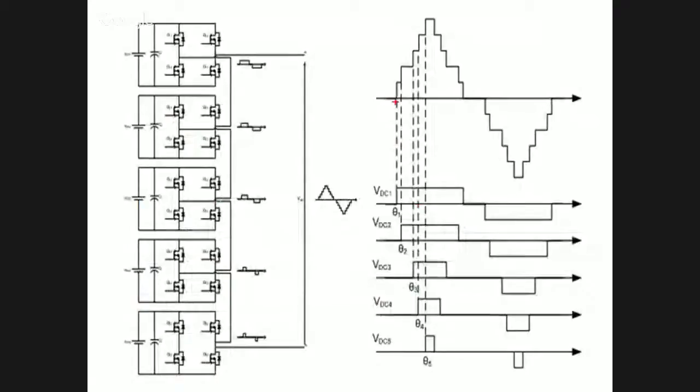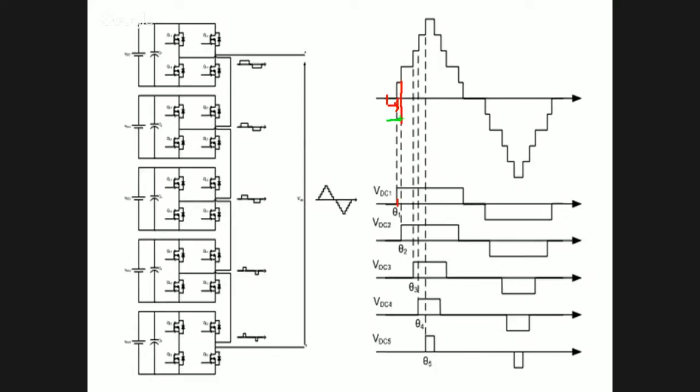Here you can see, if this is my initial point, this is alpha 1, or this theta 1 which is given here. And you can see that this theta 1 should be greater than 0, but it should be less than this value. Which is this value?